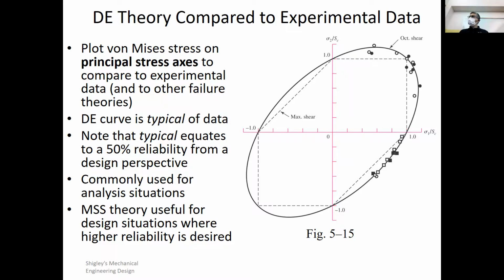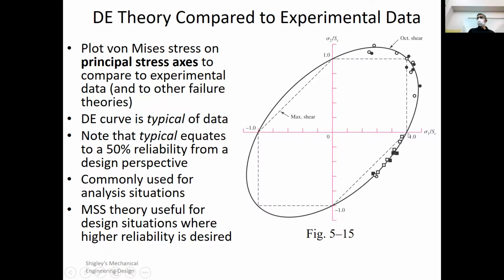All right, so the reason I got to this chart is I wanted to share with you the data points and show you that this dotted envelope from the MSS is a conservative one because these are the failure data points. But with the distortion energy theory, as the name implies, it's an energy theory.